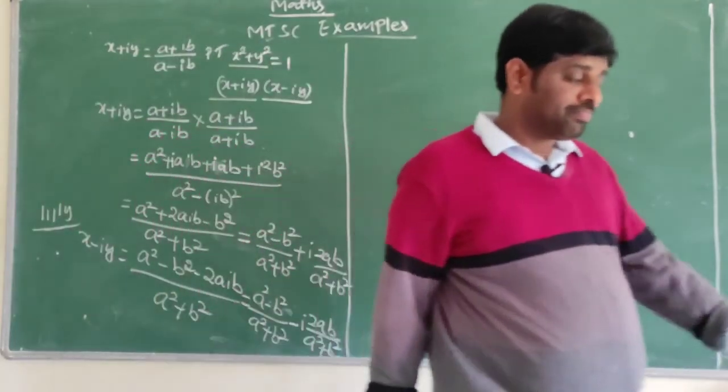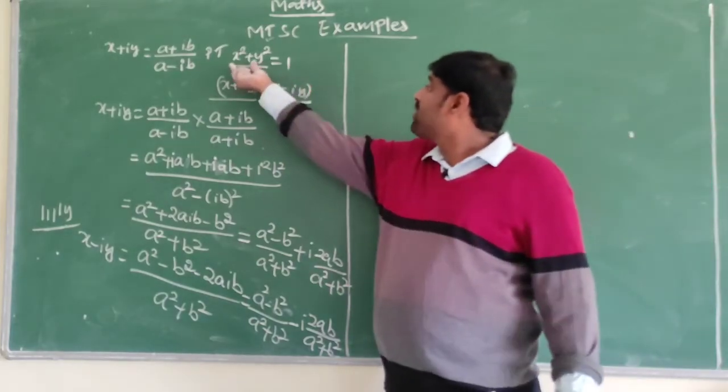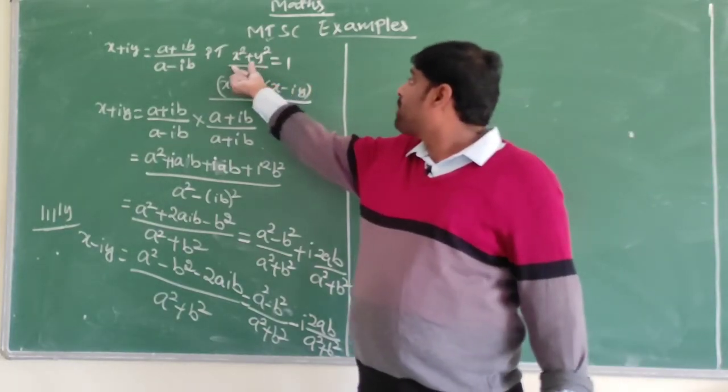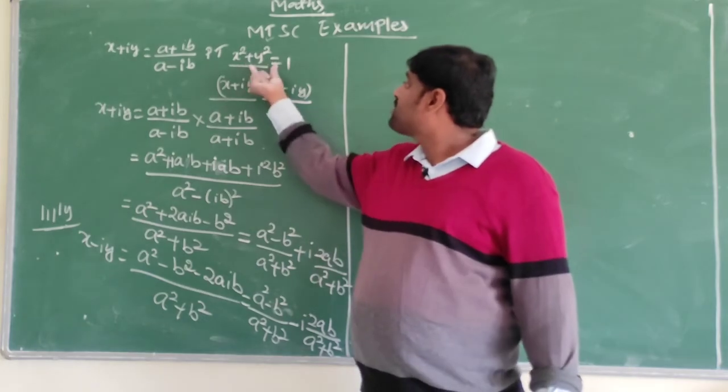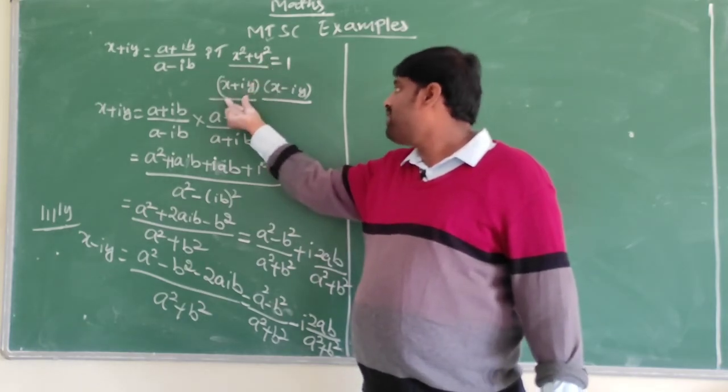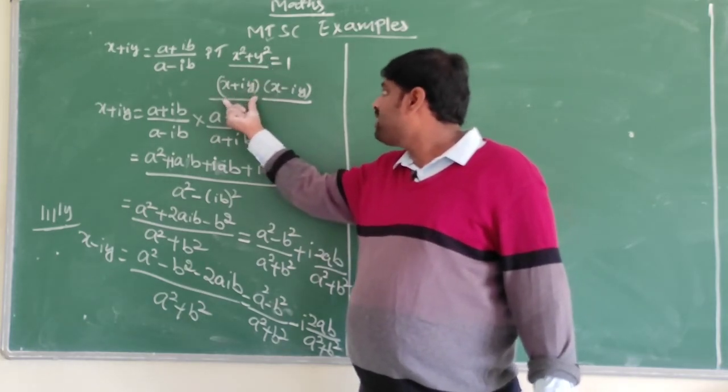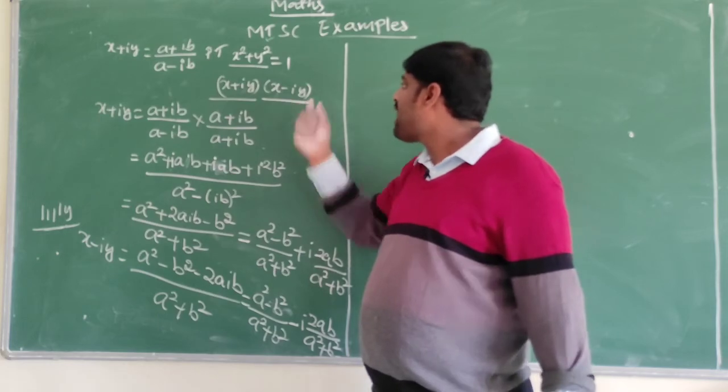Now I have to prove x square plus y square equals 1. So x square plus y square can be written as x plus iy into x minus iy.